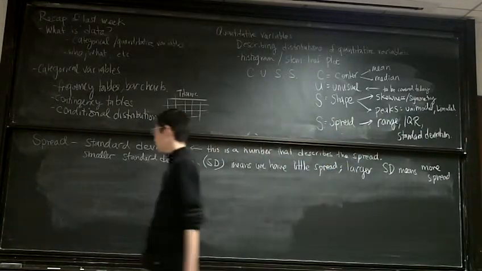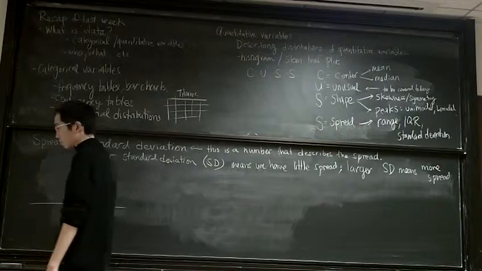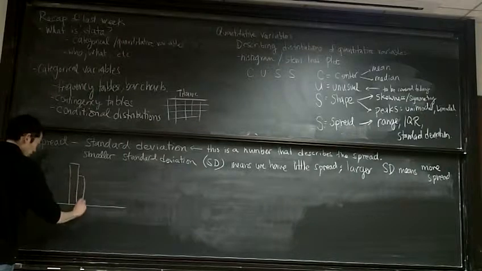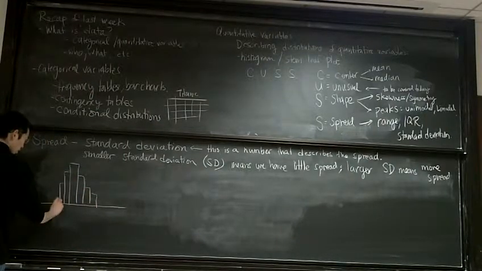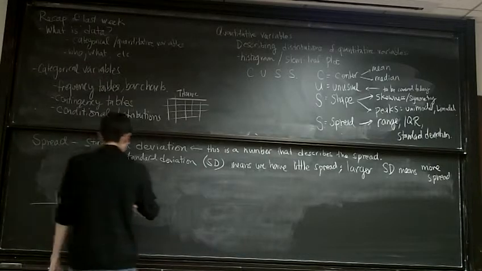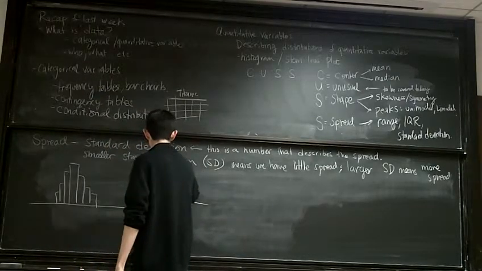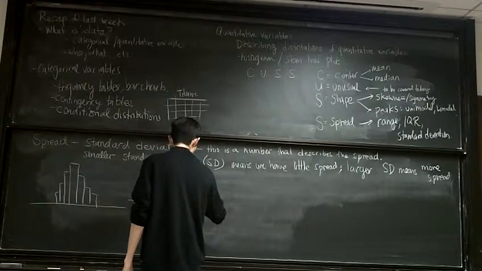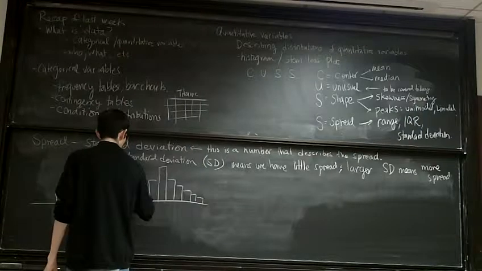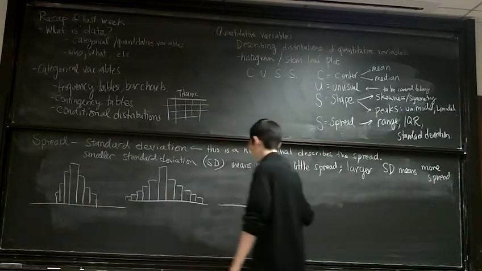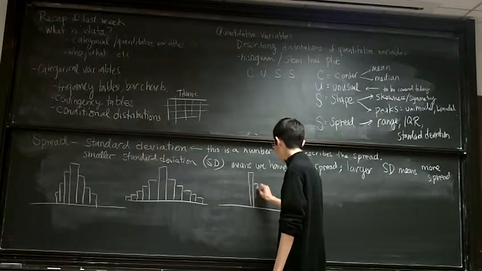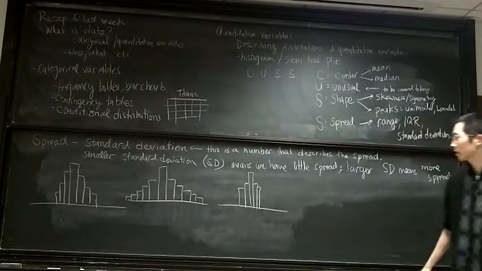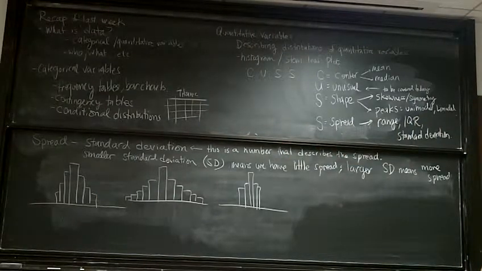So if I drew a histogram that looks like this, versus one that looks like this, versus one that looks like this, which one has the smallest standard deviation?